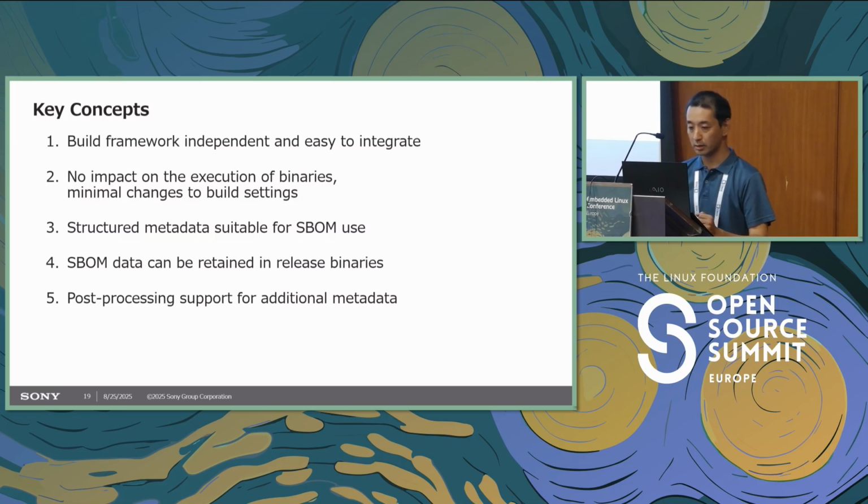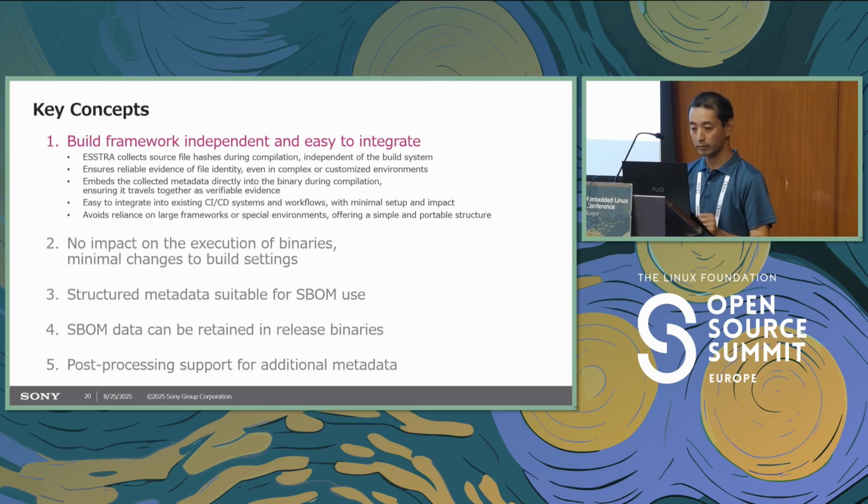Let's look at some key concepts behind ESSTRA. By introducing them here, I hope this helps you understand ESSTRA more clearly, especially the thinking behind its design and purpose. The first concept is build framework independence and easy integration.